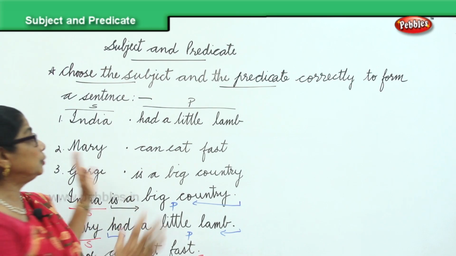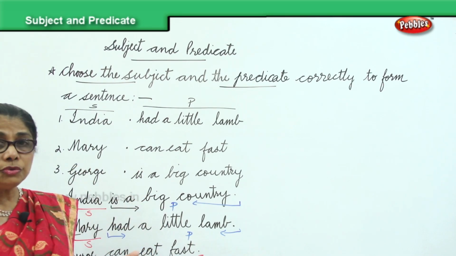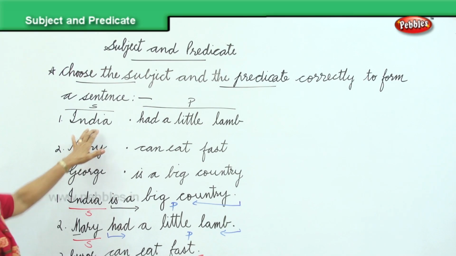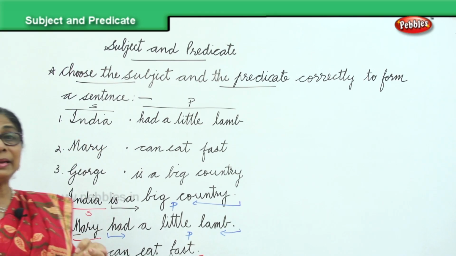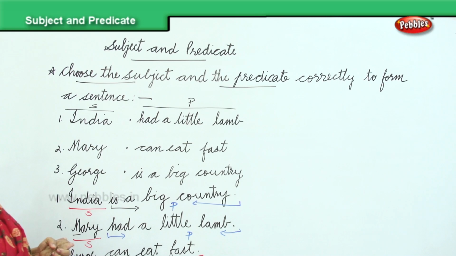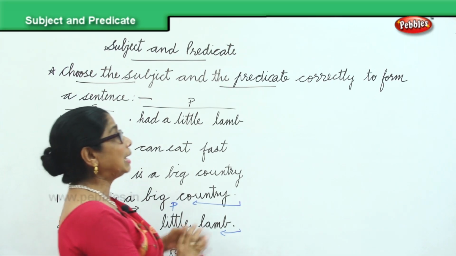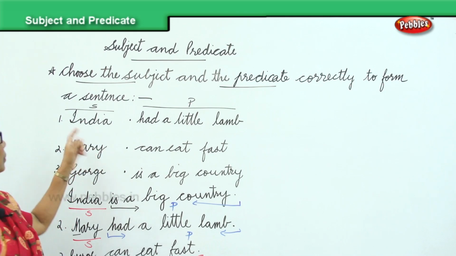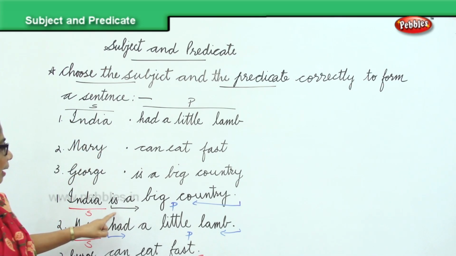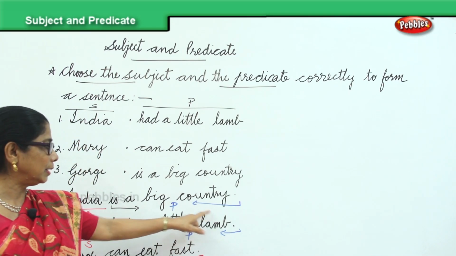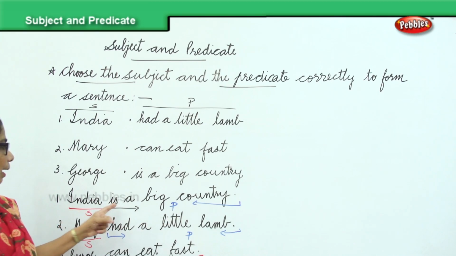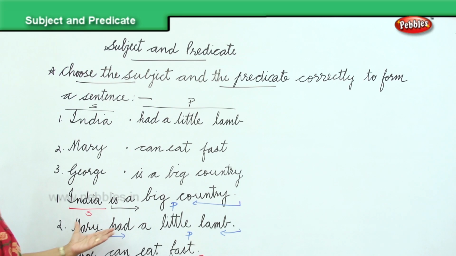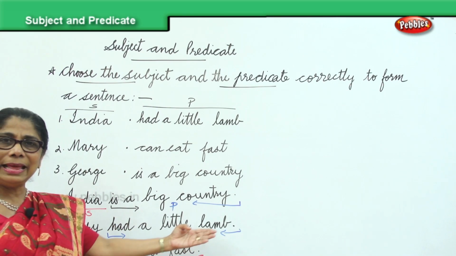When you get two half sentences, how to make a proper subject and predicate, club it up and make a sensible sentence. So what are we doing? Choosing the subject and the predicate correctly to form a sentence. India is a big country. India is the subject, is a big country is the predicate. Mary had a little lamb.